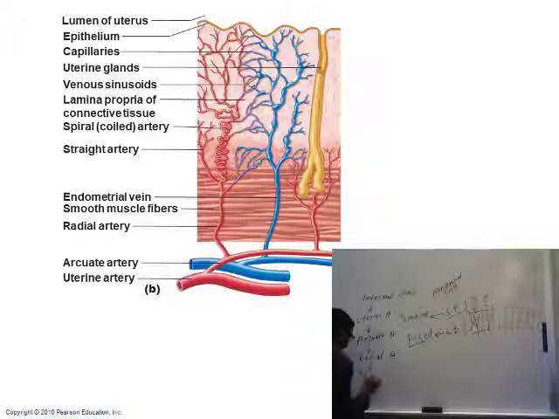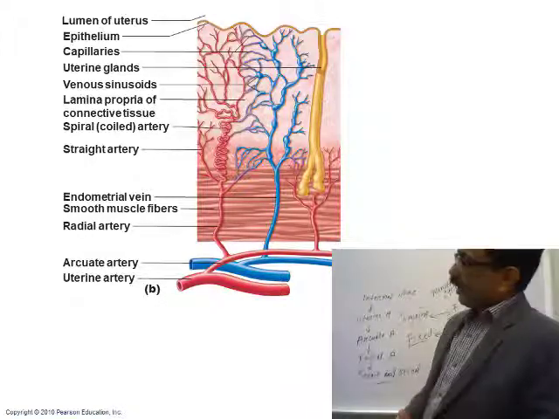So some arteries are straight and some arteries are coiled, spiral. You see, this is the radiate artery, and straight arteries, spiral arteries. Okay.